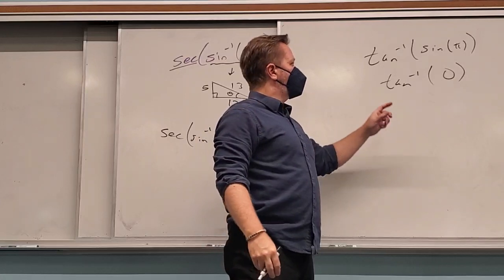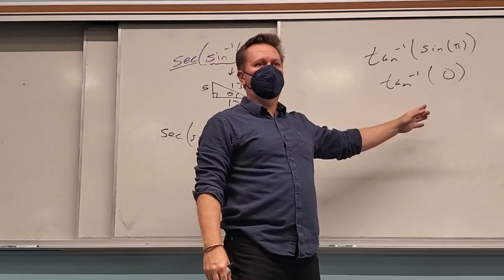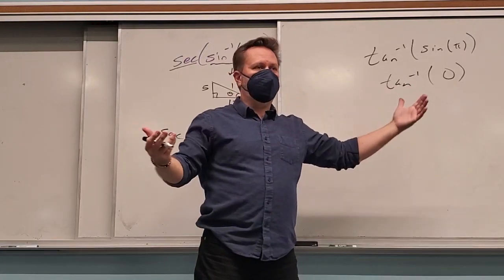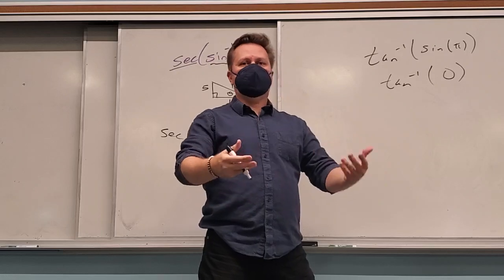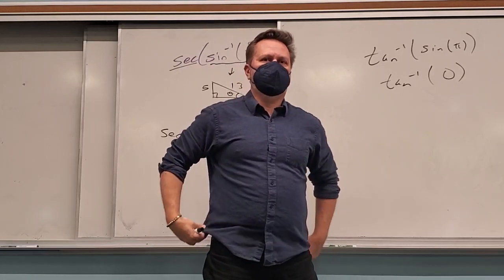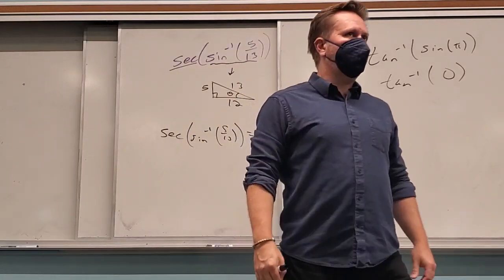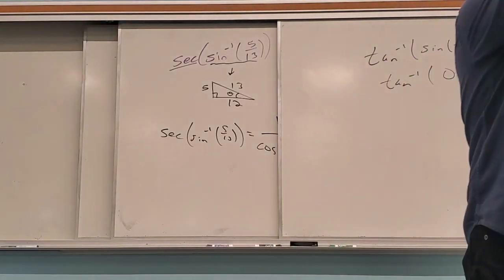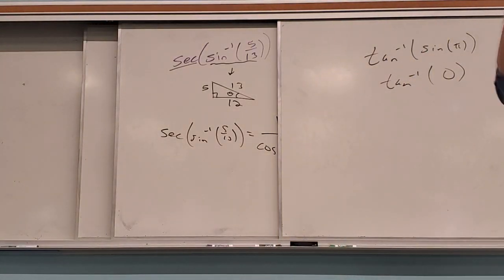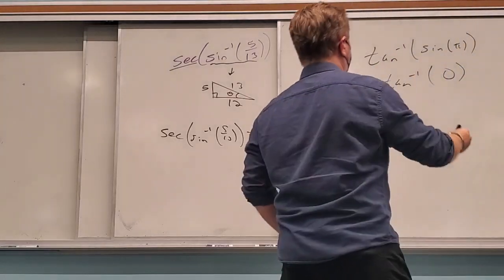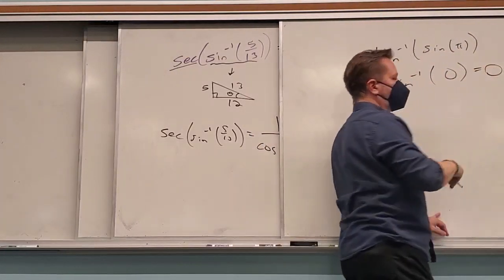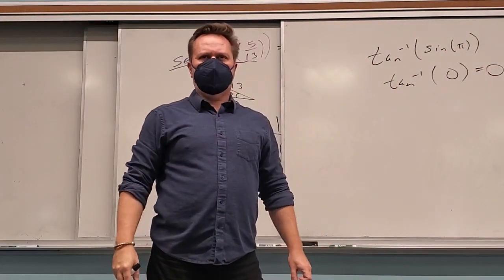Now the funny thing is, if you plug this in your calculator, does anyone have their calculator? If you plug this in your calculator, what does it tell you? Because tangent is 0 when sine is 0. Sine is 0 at 0 degrees and pi degrees. All right, not pi degrees, pi radians. I love it, John. Yeah, it does tell me 0, because that's what it's going to assume you mean.